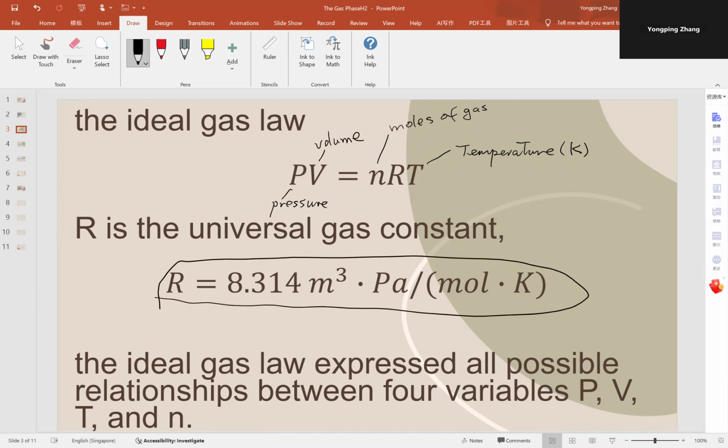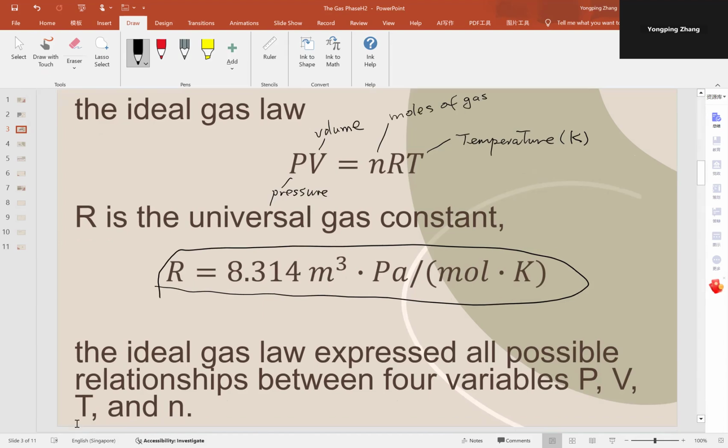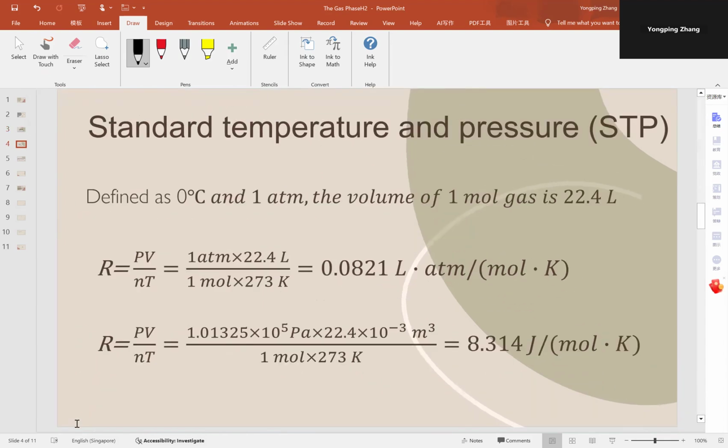This ideal gas law expresses all possible relationships between four variables: pressure, volume, temperature, and the number of moles. We decide R from standard temperature and pressure.